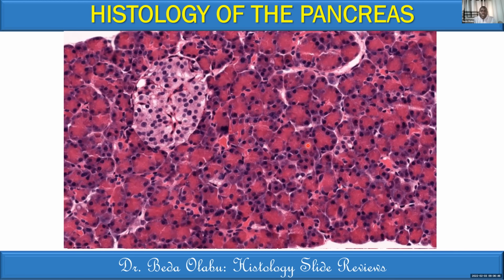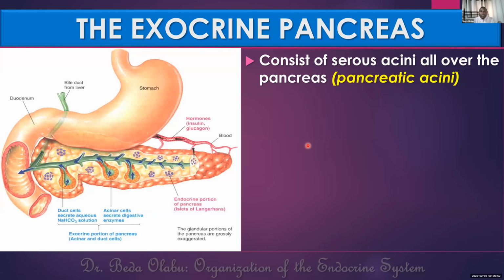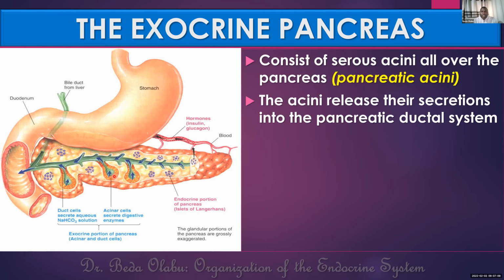Let's say something about the pancreatic acini, the exocrine pancreas, before we talk about the subject matter. So the exocrine pancreas consists of serous acini. This is how an acinus would look. We call them pancreatic acini. They're found all over the pancreas.